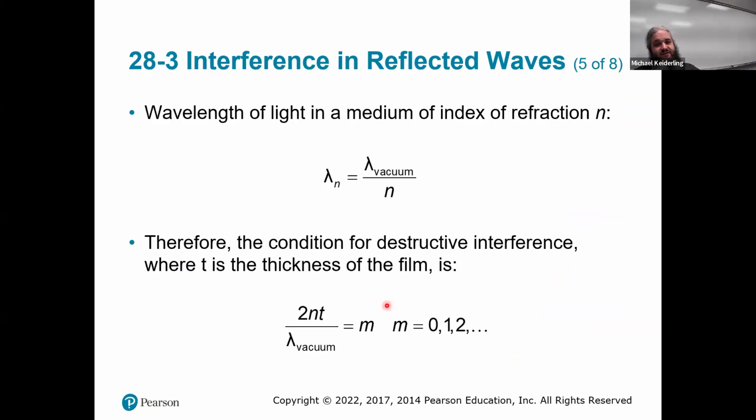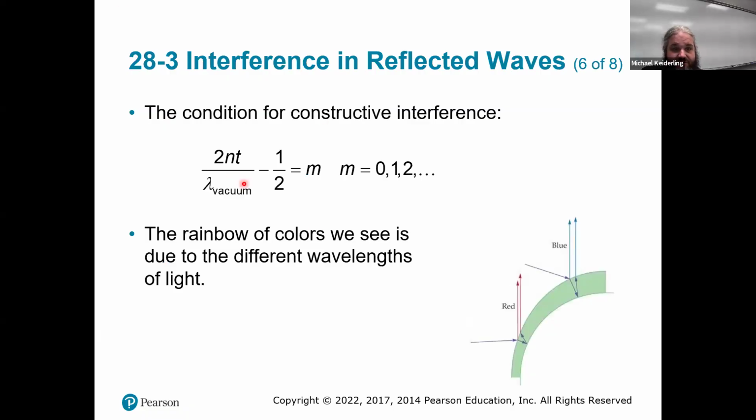And therefore, the condition for destructive interference, where t is the thickness of the film, is 2nt over the wavelength in the vacuum, so there's a factor of the index of refraction added in, equals a whole number. And the condition for constructive interference is 2nt over the wavelength in the vacuum minus 1/2 equals m.